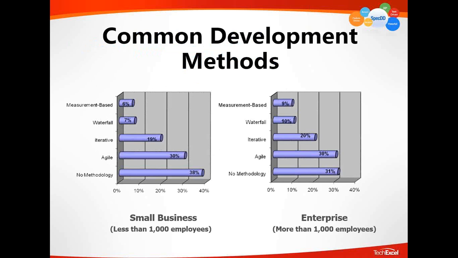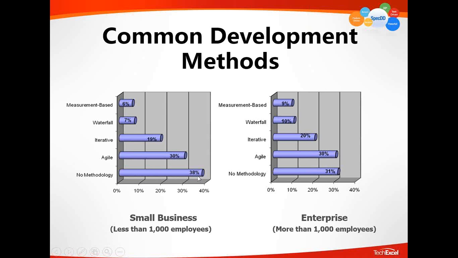So how are development methods being used in real world projects? Based on leading analyst firms' market surveys, we see a consistent number, like this slide shows, as of the end of last year.